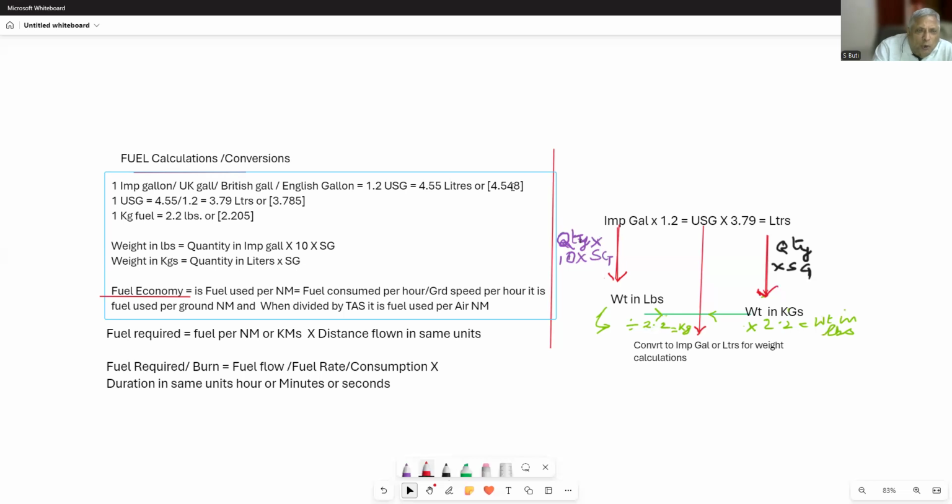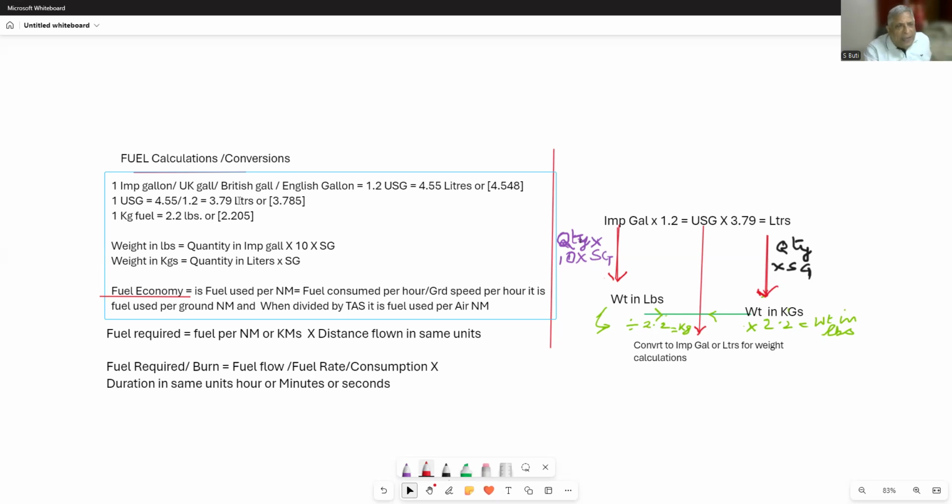We generally don't go into the second and third decimal, and we work up to first or second, maximum up to second decimal only. Right. 1 US gallon, therefore, will be equal to 4.55 divided by 1.2, 3.785 liters, and we generally use a value of 3.79.